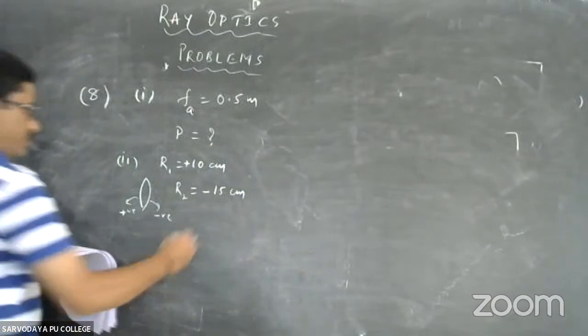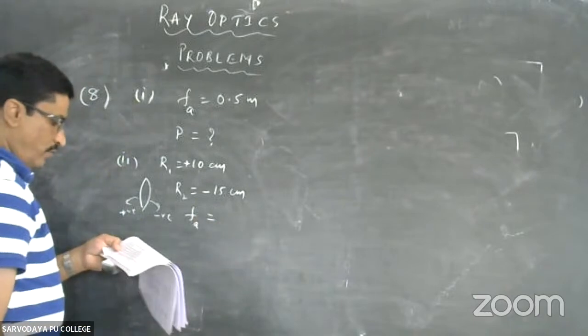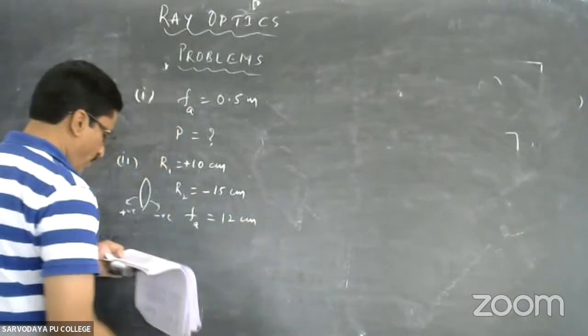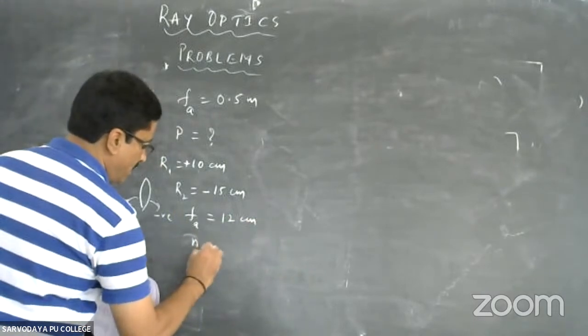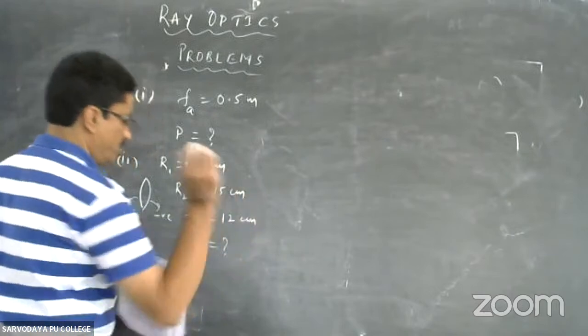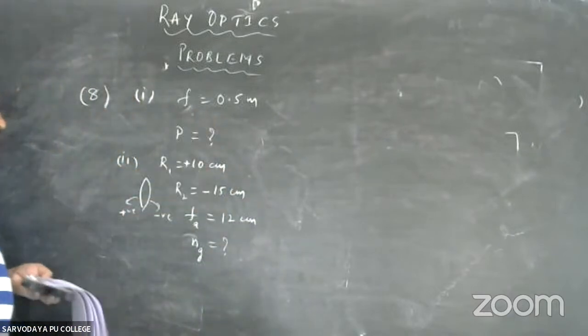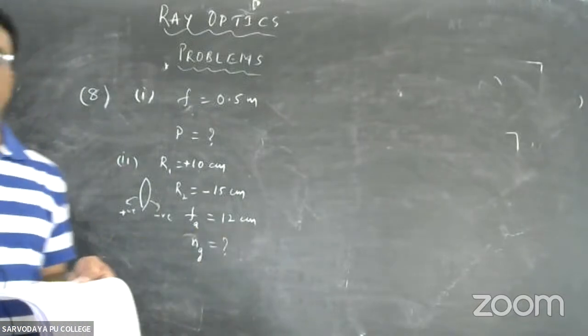Its focal length is, okay, this is a different lens. Focal length is 12 centimeter. What is the refractive index of glass? Here focal length in air is given, and they have asked for the refractive index of glass.